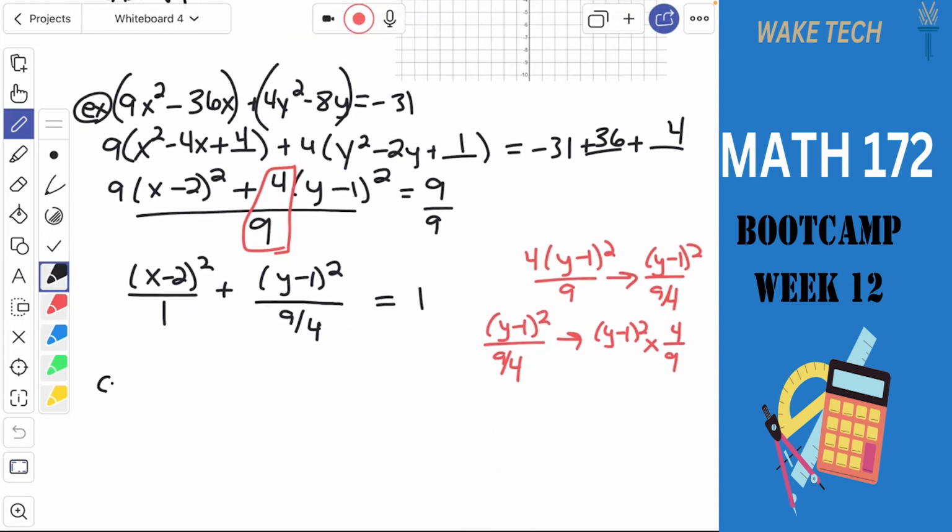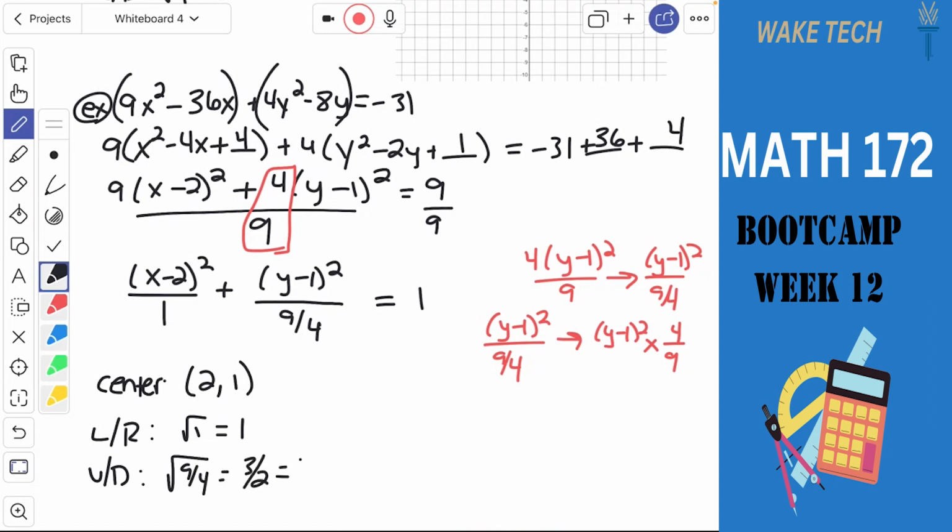So for the center, that's (2, 1). Left and right, the square root of 1 is 1. Up and down, the square root of 9/4 is 3/2, which is 1.5.